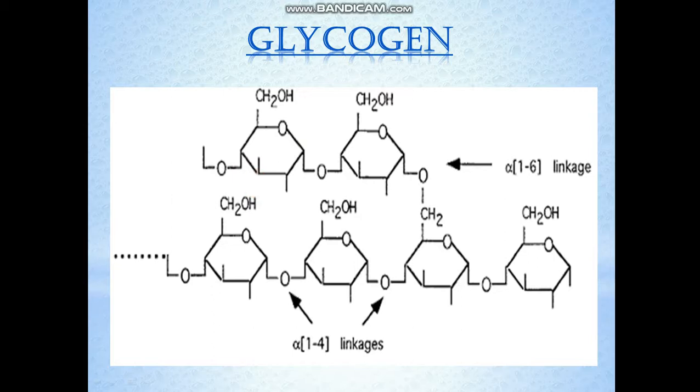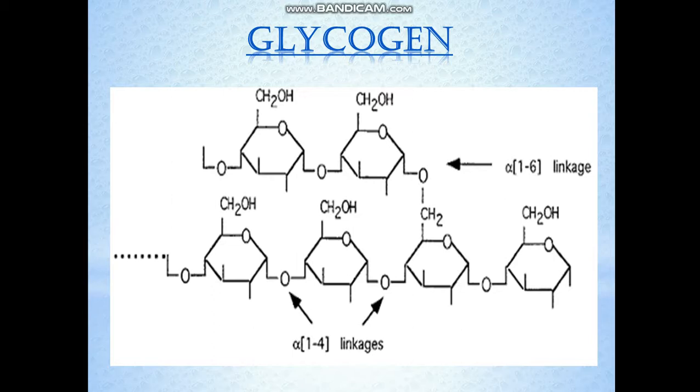First tell me, what is glycogen? Have you heard about glycogen earlier? Yes, glycogen is stored in liver and it is the form in which glucose is stored. So now can you tell me what will be the repeating unit in glycogen? Yes, glycogen will have glucose as the repeating unit.